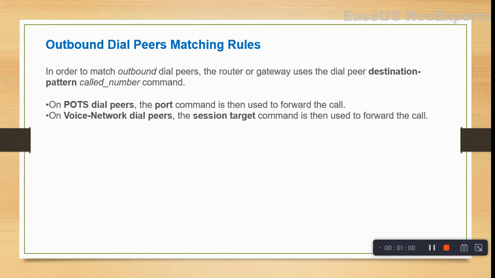In the next video, we will try to learn about dial peer configuration, how to configure a POTS dial peer and a VoIP dial peer, what are the various attributes of POTS dial peer and VoIP dial peer, and what other commands can be used under it. In the next session or in the same session, we will try to understand translation rules as well if time permits. Otherwise, I'll make a video on translation rules as well.